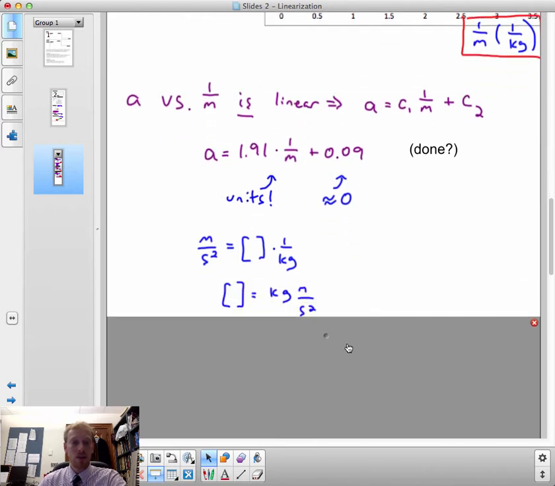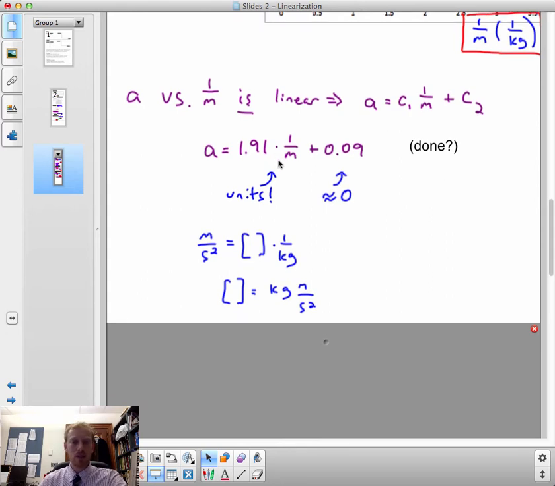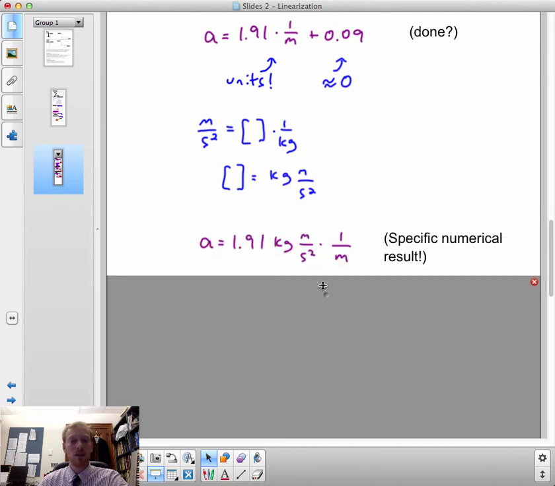In other words, the units that have to go in this bracket is kilogram meters per second squared. And you might be thinking, oh my gosh, what is a kilogram meter per second squared? We're actually going to end up having something interesting to say about it, but for now, you can just know that it's mathematically required to go right after this 1.91 in order for the units of the left to match the units of the right in our equation.